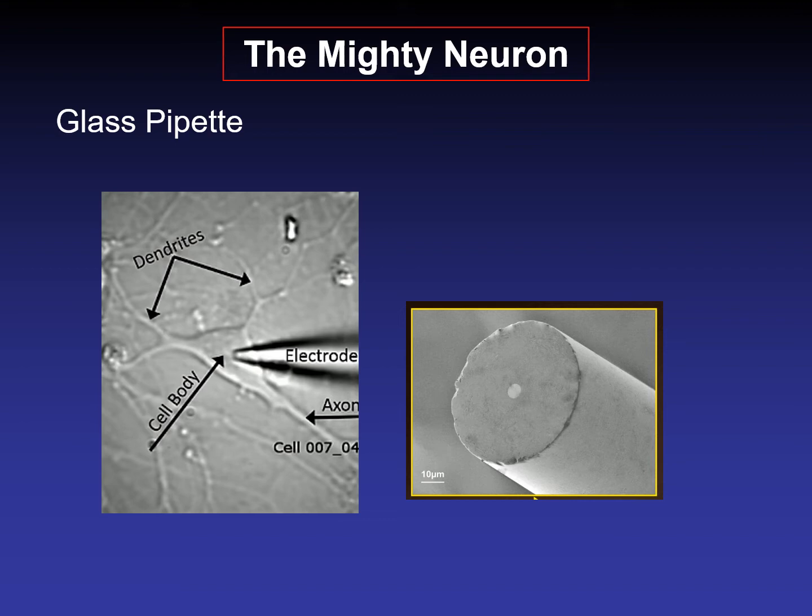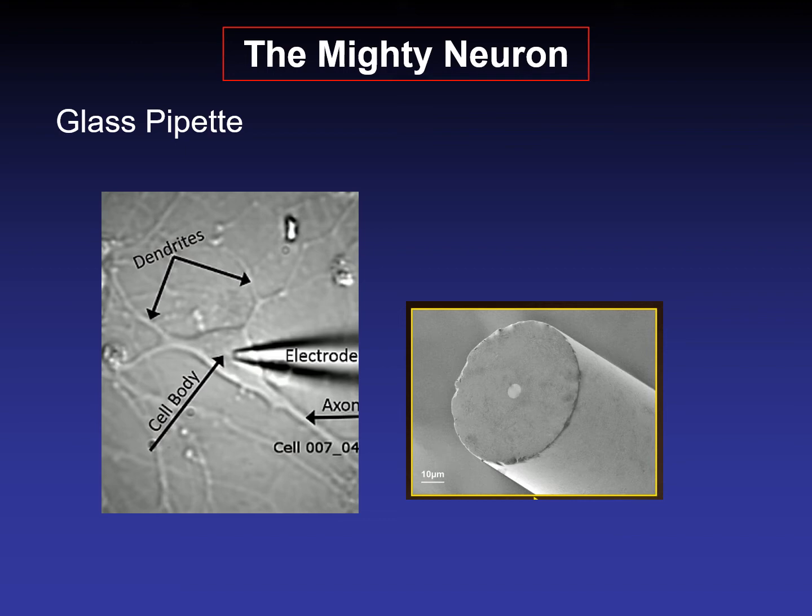If you look at the photograph on the left, coming in from the right side of that image, we can see the electrode. And really what we're seeing here is the glass pipette. The electrode is inserted inside that glass pipette, but the electrode itself does not penetrate the neuron, just the glass does. And this is because the glass can be fashioned to a fine enough point that it can puncture that cell membrane without damaging the cell membrane.